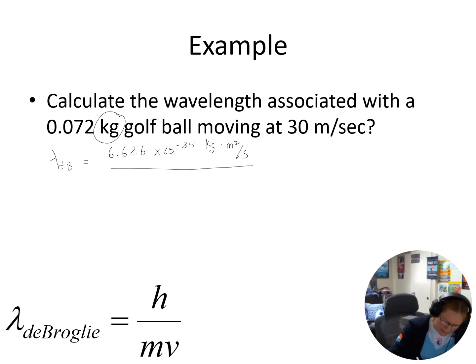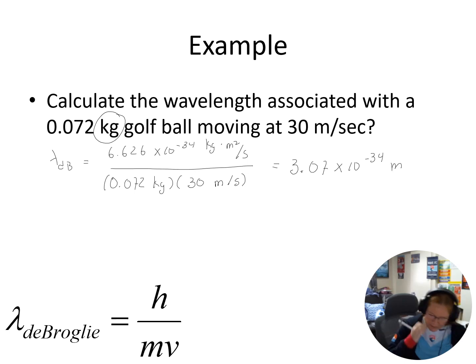Okay, the mass is our 0.072 kilograms, and then we have 30 meters per second. All right, and so when we do this, we get 3.07 times 10 to the negative 34th meters. Okay, that is our wavelength for our golf ball.